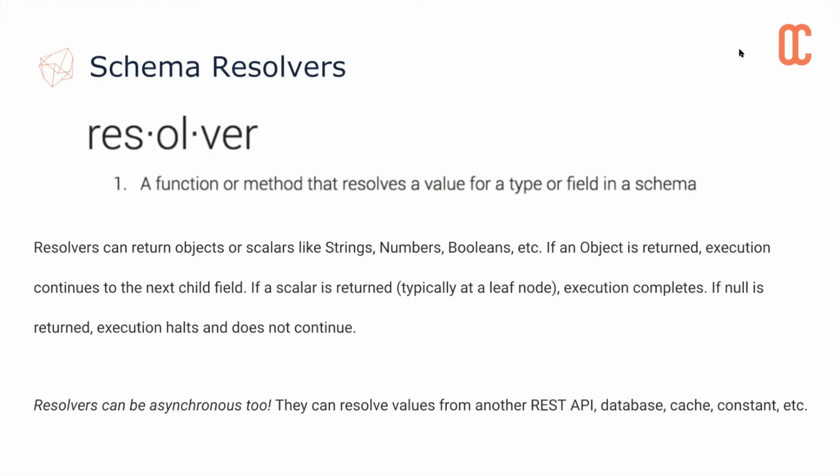As I said before, the object type has to be referenced in the same schema as another type. When a scalar value is returned, the execution completes. When an object is returned, the execution continues to get the next child field. The resolvers can also be asynchronous, and they can resolve values from a database, cache, constants, and REST APIs.